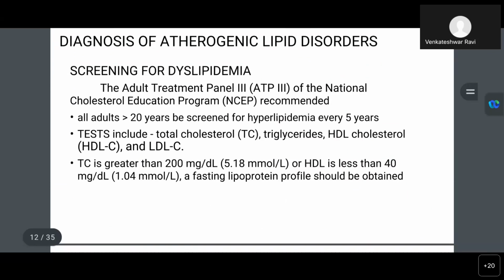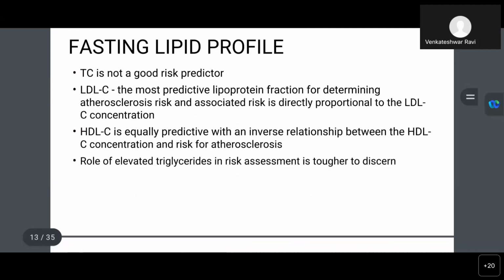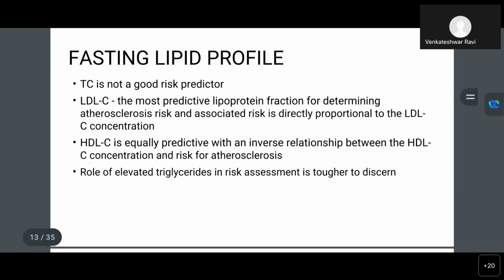If the total cholesterol is more than 200 and HDL is less than 40, it recommends a fasting lipoprotein profile. Coming to the fasting lipid profile, both LDL and HDL are equally predictive in determining atherosclerosis risk. Whereas total cholesterol is not a good predictive risk factor, and elevated triglyceride is also not a good predictor of disease progression.